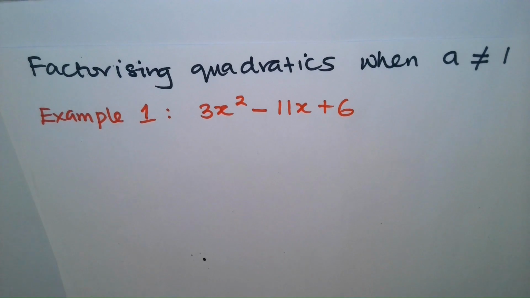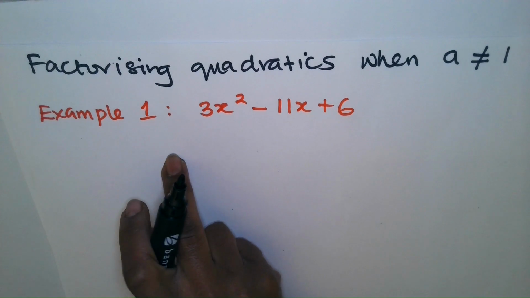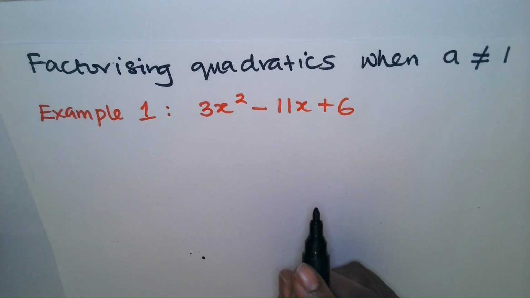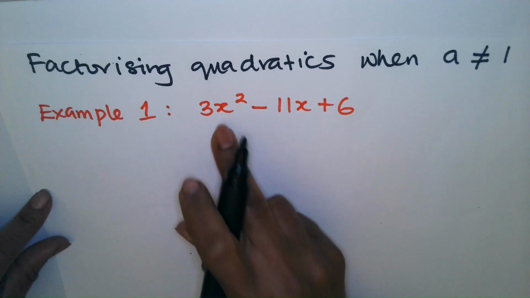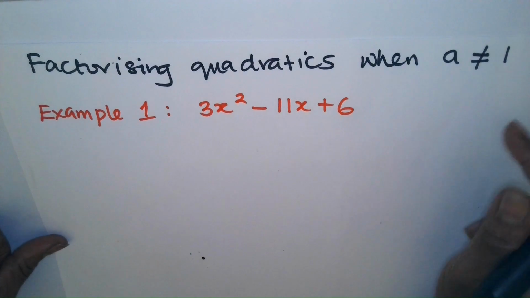So the next we're going to be looking at is factorizing quadratics when a is not equal to 1. So from this example, we're going to figure out what to do. In the previous slide, we had just the x squared and not 3x squared because a was equal to 1.